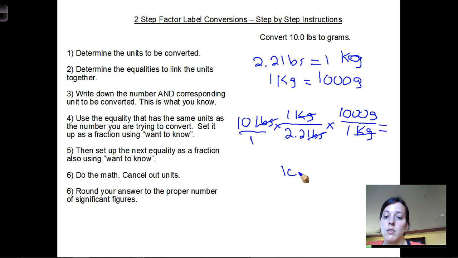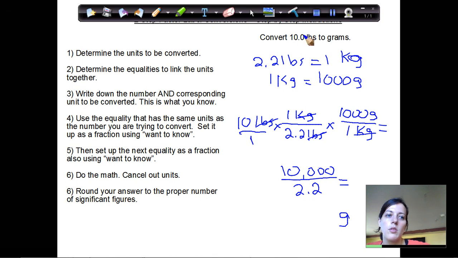So we have 10,000 on top, and 1 times 2.2 times 1 on the bottom is 2.2. And our units, everything is canceled out except for grams. And 10,000 divided by 2.2 is 4,545 grams. So that's our answer.